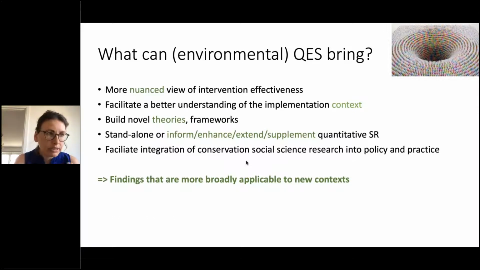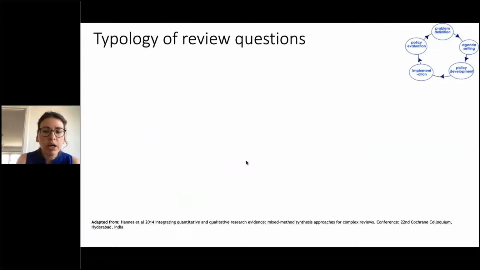That is really now one of the growing fields, so integration of these types of social science research into policy and practice. We will then get findings that are more broadly applicable to new contexts across different problems, and explanations that are more complete.